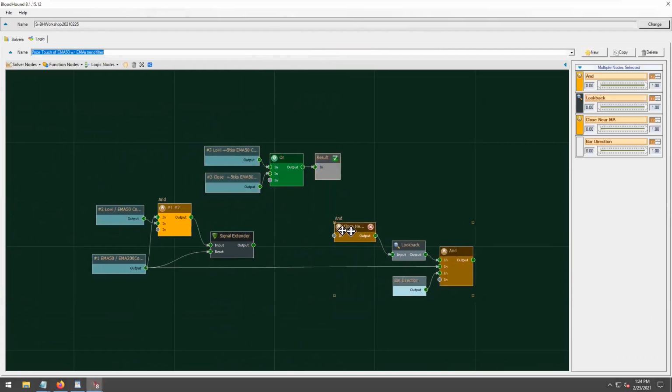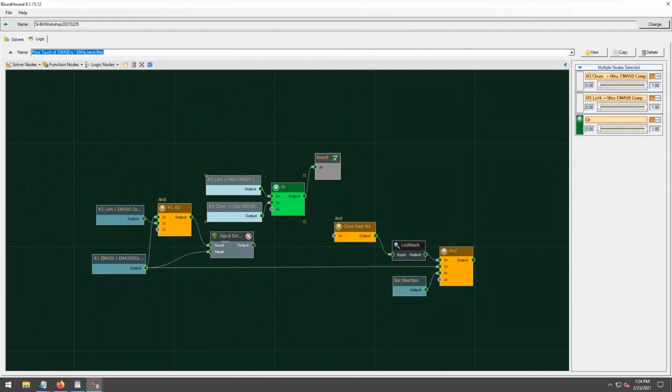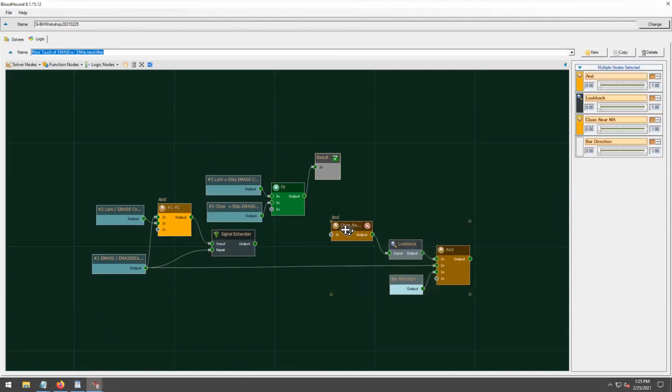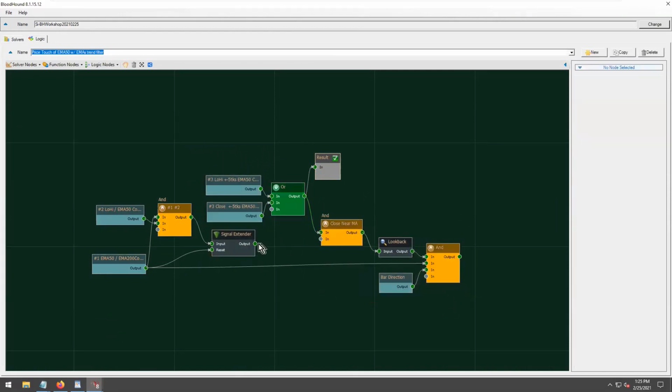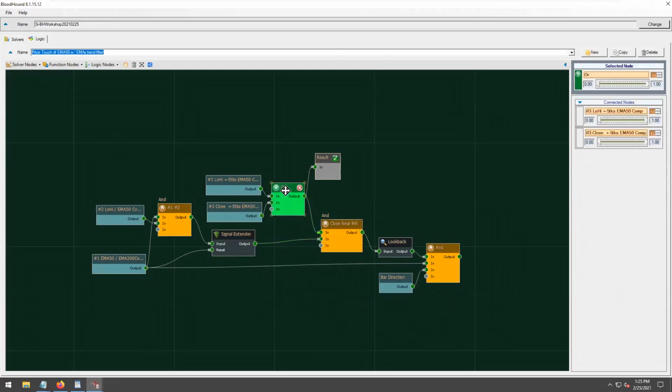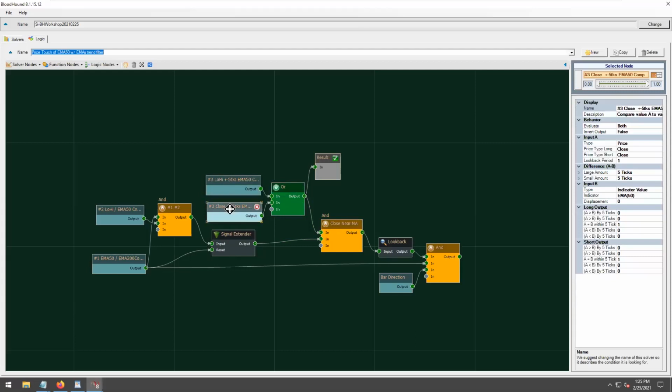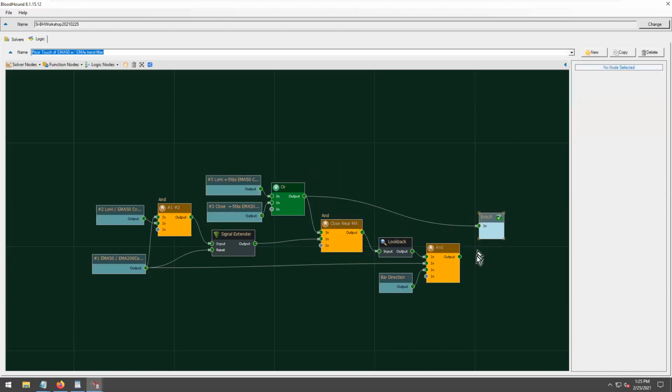Let's stretch that out a little bit. So now we can connect this together. We use an OR node so that we can look for multiple prices, so we can look at the closing price, but also look at the bar wick as well. Now let's take a look at this.